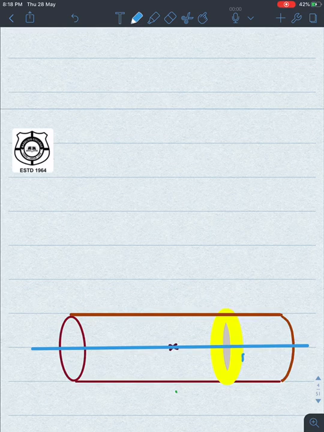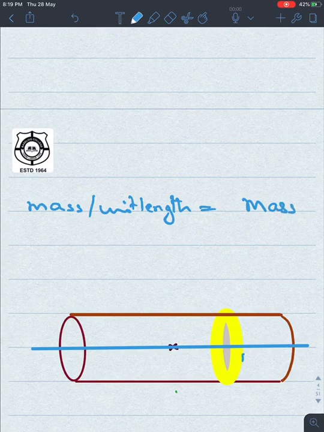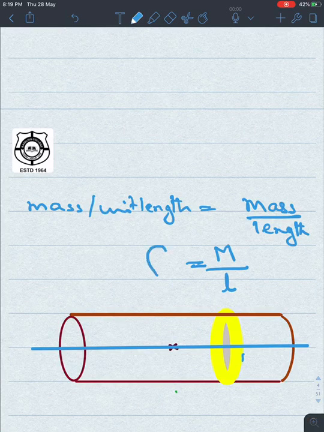Now we can calculate the mass per unit length of the cylinder, that is mass divided by length. So mass we have assumed as m and length as L. Let's put it as rho. We'll give it equation number 2.